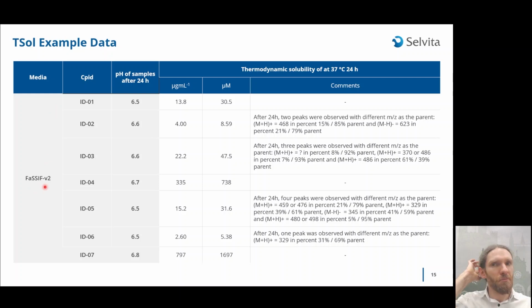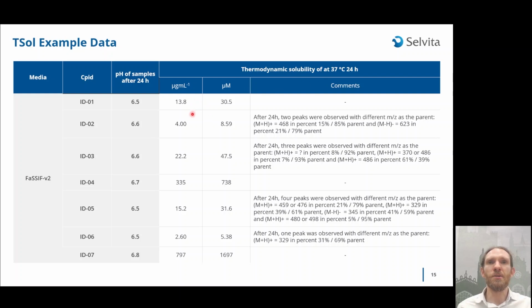No worries, we'll explain this in future presentations. Then we have a number of compounds with their identifications, pH of samples after 24 hours, and actually the outcome, results of the assay: thermodynamic solubility at 37 degrees after 24 hours.